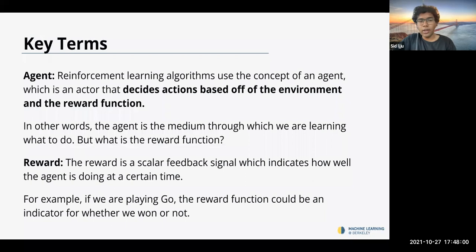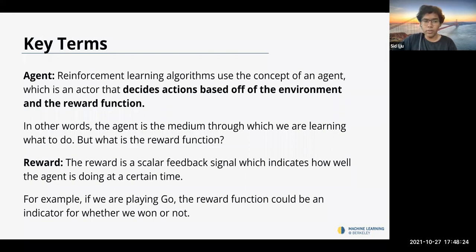So key terms. Reinforcement learning algorithms use the concept of an agent, which is an actor that decides actions based off the environment and the reward function. So like I mentioned last slide, it's basically what is doing the learning. One thing that isn't clear yet is, how do you define the reward function, or what is the reward function?